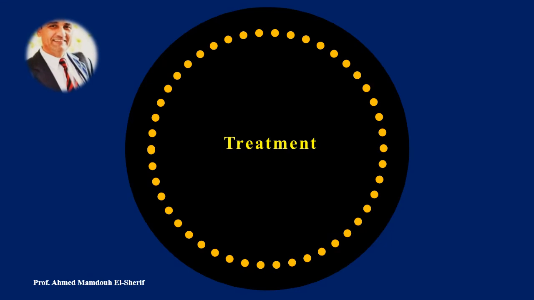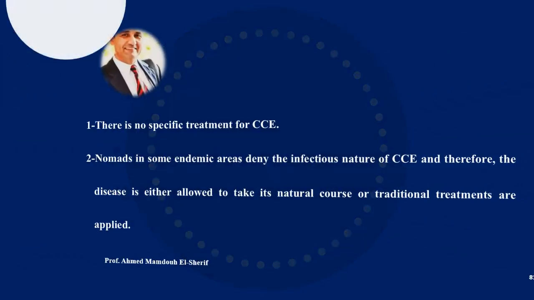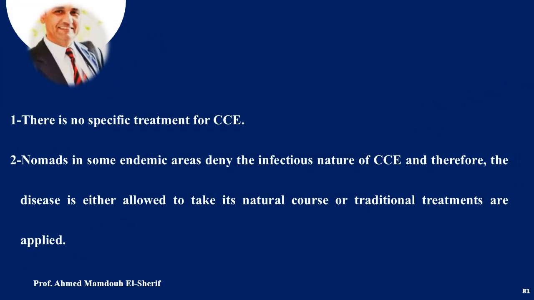Treatment. There is no specific treatment for camel contagious ecthyma. Nomads in some endemic areas deny the infectious nature of camel contagious ecthyma, and therefore the disease is either allowed to take its natural course or traditional treatments are applied.